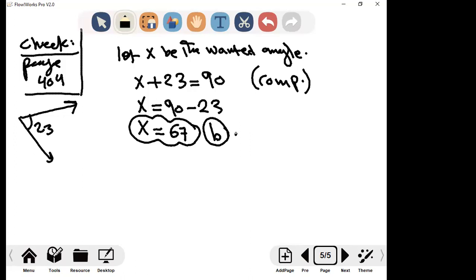This is 23. What's the answer of the angle? How much is the angle? 67. Where is 67 here? This is for which part? A, B, or C? It's for B.